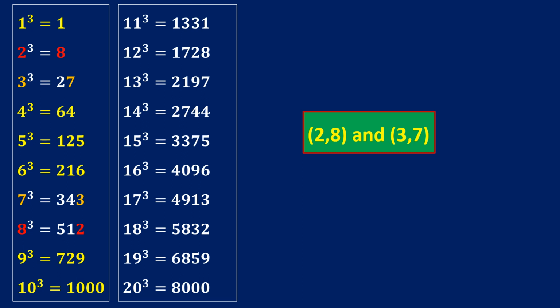Here, you notice that if a number ends with 4, 5, 6, 9, the cube root also ends with 4, 5, 6, 9, respectively. However, if a number ends with 2, the cube root ends with 8. Likewise, if a number ends with 8, the cube root ends with 2. Then, 2 and 8 are interchangeable.